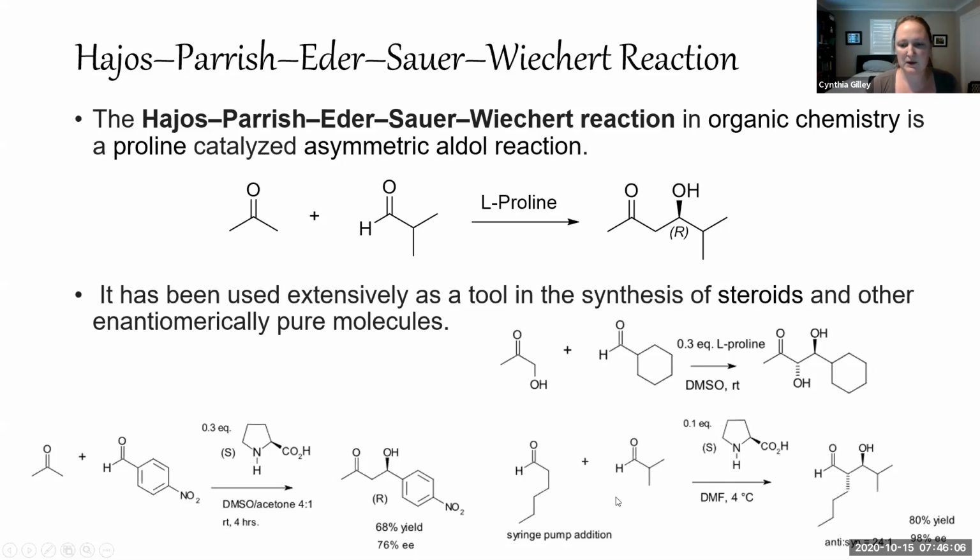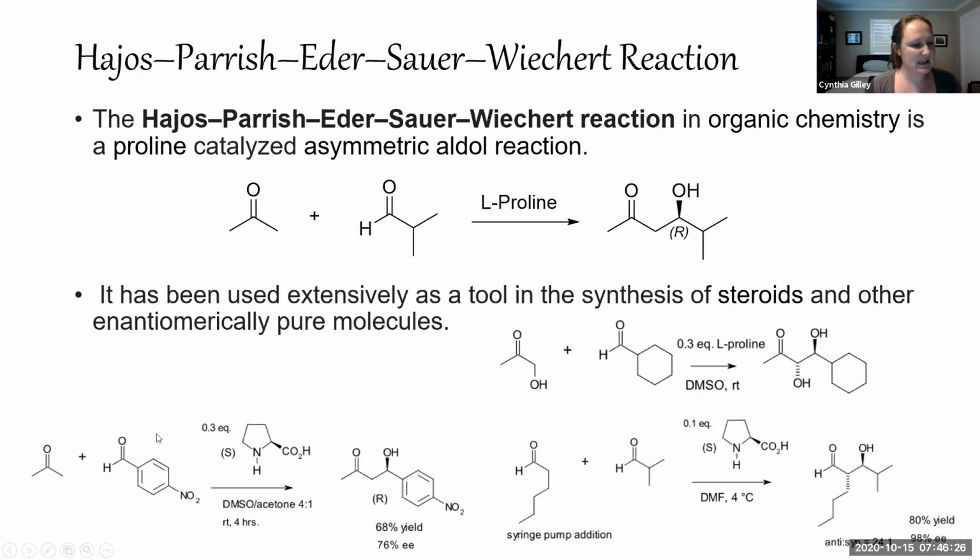Again, using isobutyraldehyde with the same catalyst, we're able to get 80% yield and actually fantastic 98% enantiomeric excess for this reaction, and an anti to syn ratio of 24:1, which is great.